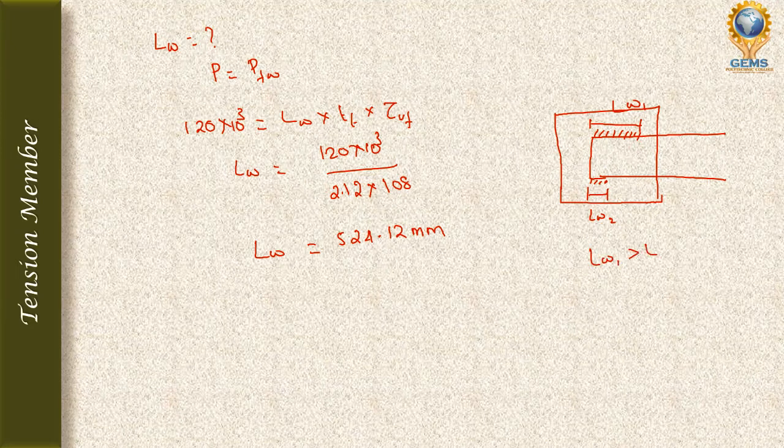LW1 is greater than LW2. So we cannot divide it by 2 equally. So LW1 plus LW2 is equal to 524.12 mm. We have to find LW1 and LW2. So how can we find LW1 and LW2?